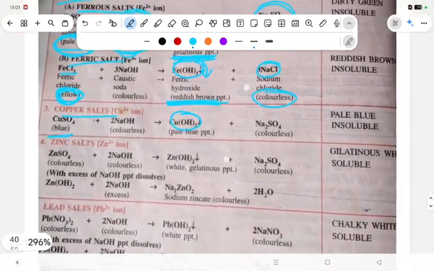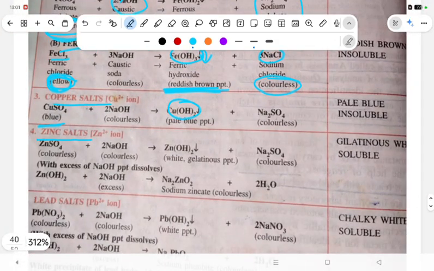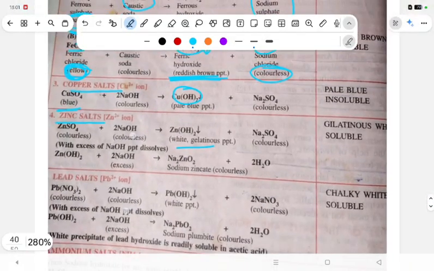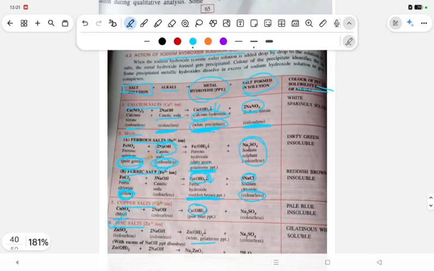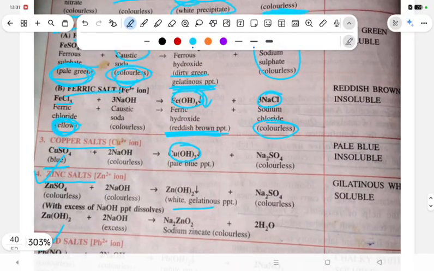Na2SO4 is colorless. Zinc ions: ZnSO4 is colorless. NaOH colorless. Zn(OH)2 is a white gelatinous precipitate. Na2SO4 is again colorless. In these two cases, zinc and lead, the precipitate dissolves in excess NaOH, and these three will not dissolve in excess NaOH.